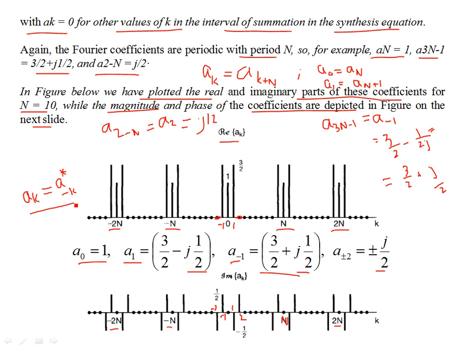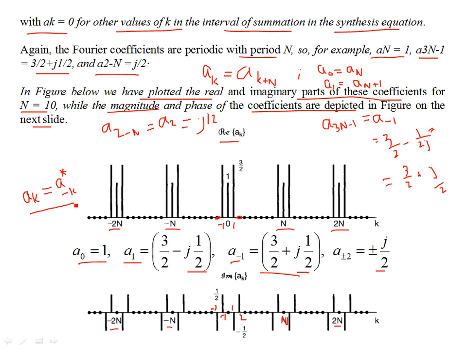And if your signal is even, then your Fourier coefficients are also even, that is, a_k will be a_minus_k. If your signal is odd, then the Fourier coefficients are also odd, and they are purely imaginary.